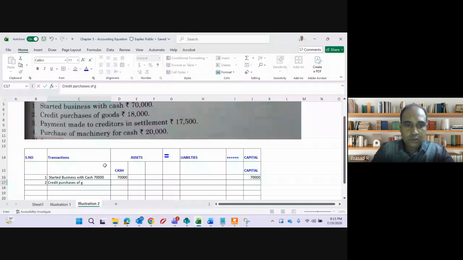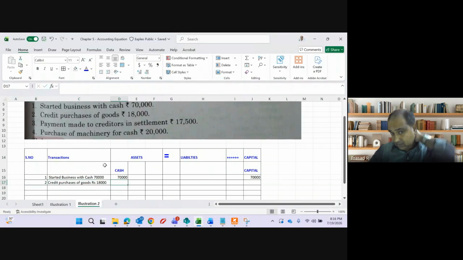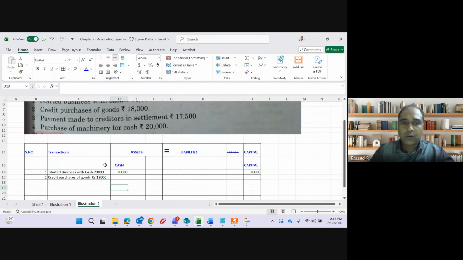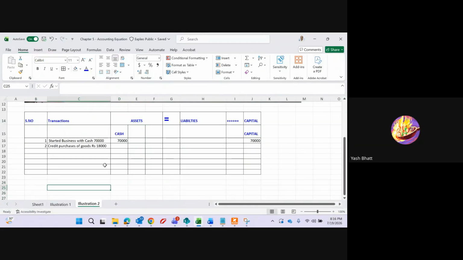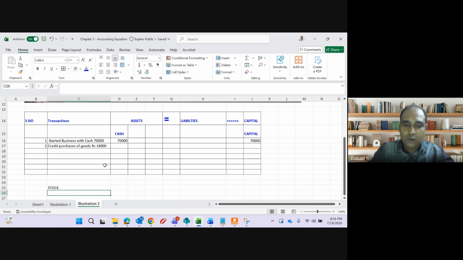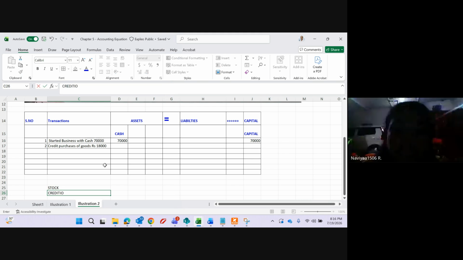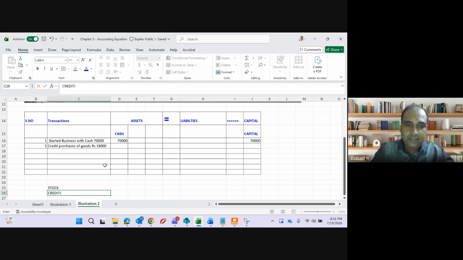Credit purchases of goods, rupees 18,000. Again, this also we discussed. Goods means which category? Which are the 2 accounts involved? Stock and liability. That liability is called Creditors. We don't call it a loan.